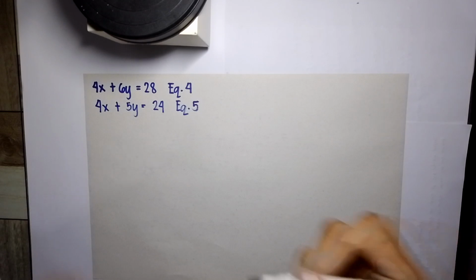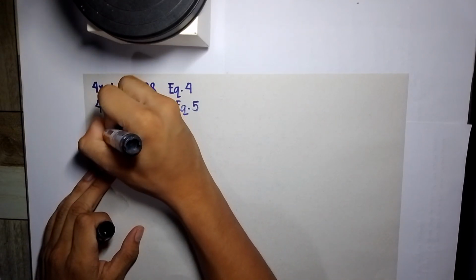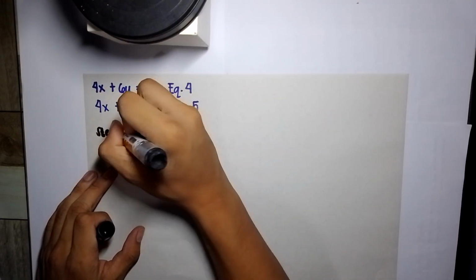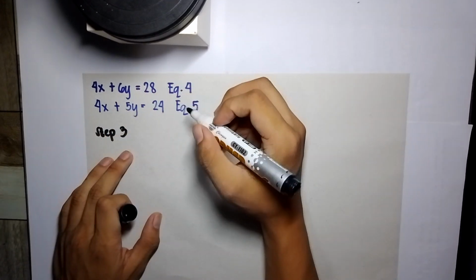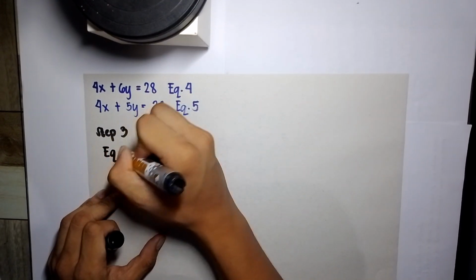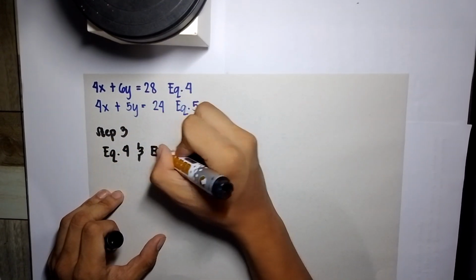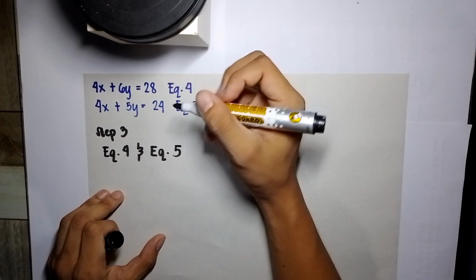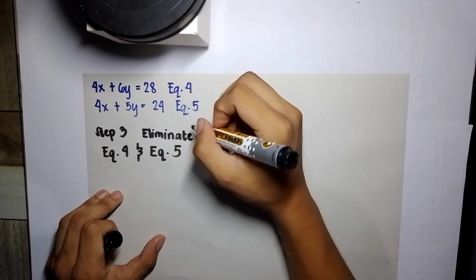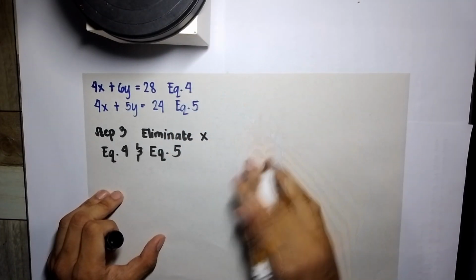Now we have equation 4 and equation 5. The next step is to find a variable that you want to eliminate using equation 4 and equation 5. The variable that I want to eliminate is letter x.